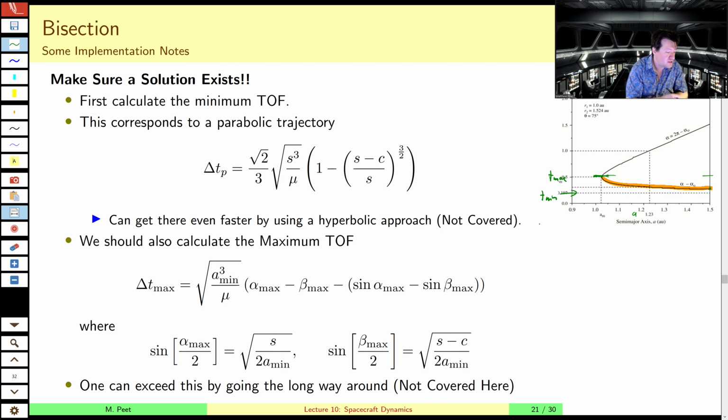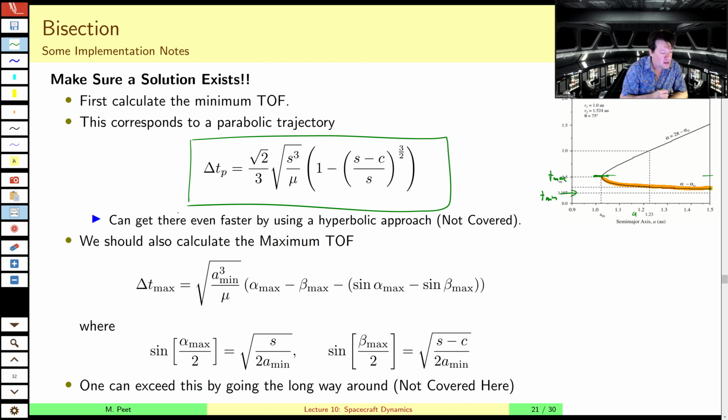So we have a nice explicit formula for the case of a parabolic transfer, which I won't get into where that comes from. But specifically, you just want to calculate this delta Tp here, which would correspond to a parabolic orbit where A goes to infinity. So that's this number right here, Tp.